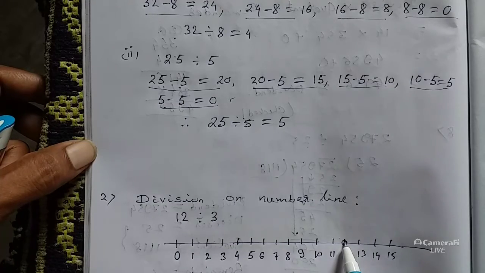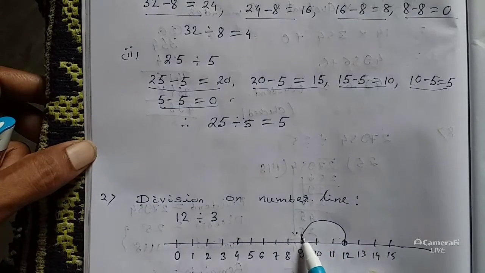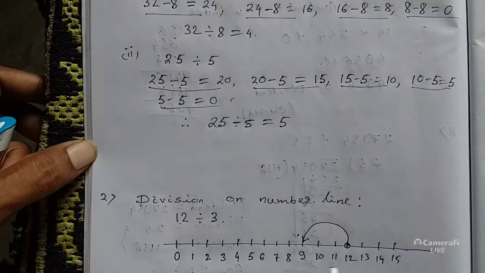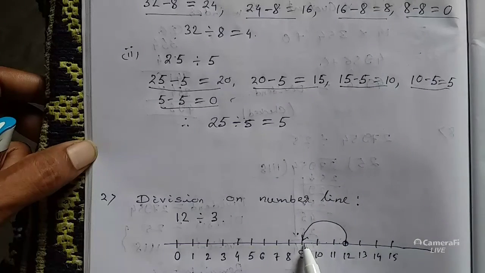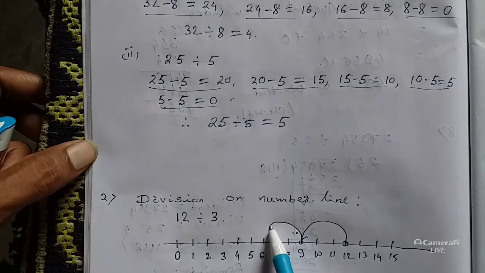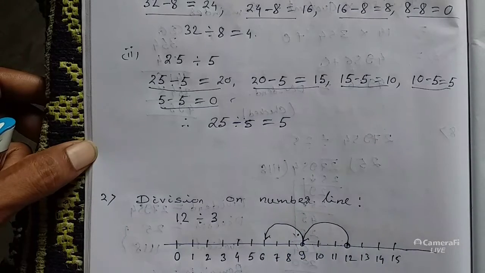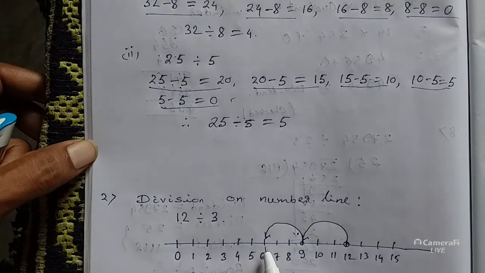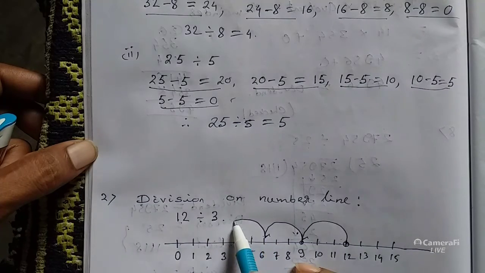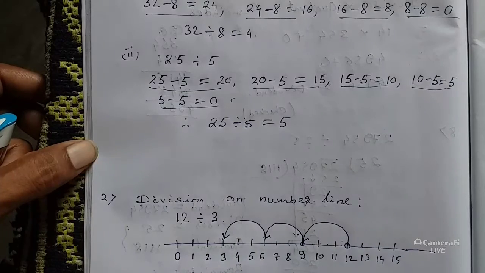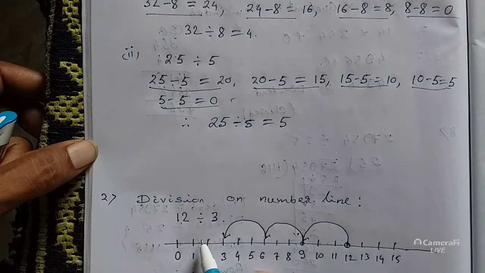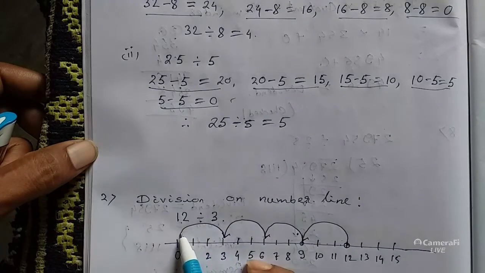So we jump from 12 to 9 here. Jump 3 steps, 1, 2, 3, we come to 9. Again we jump from here 3 steps. So 1, 2, 3, we reach 6. Again jump 3 steps, 1, 2, 3, we come to 3. Again jump 3 steps, 1, 2, 3, we reach 0.